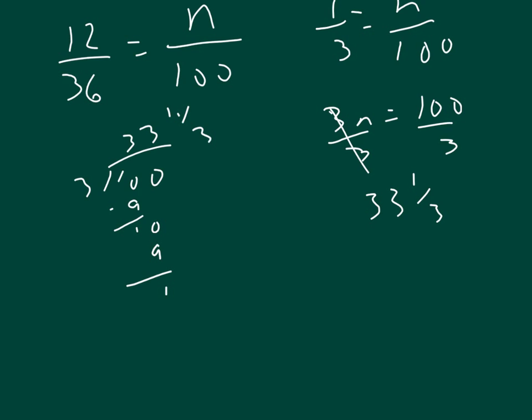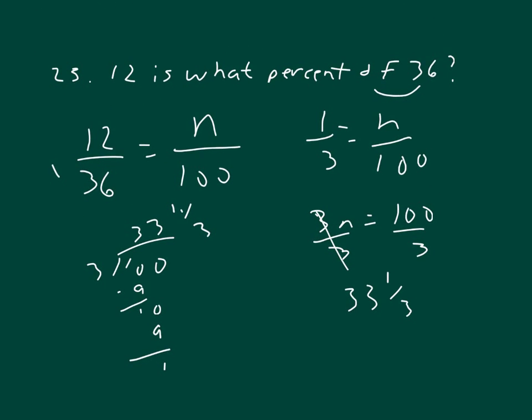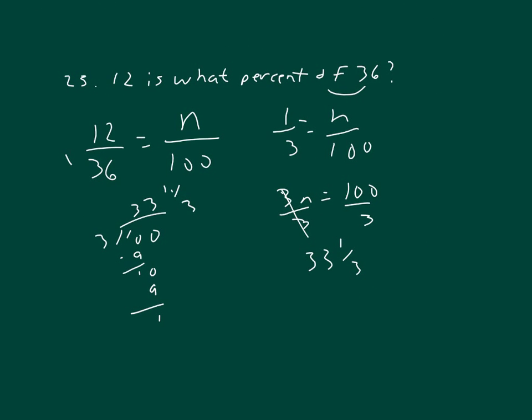And right here, you can go 1/3. So our n is 33 1/3, which is 33 1/3 out of 100. So be sure that you label it 33 1/3%, or 33.3 repeating percent.